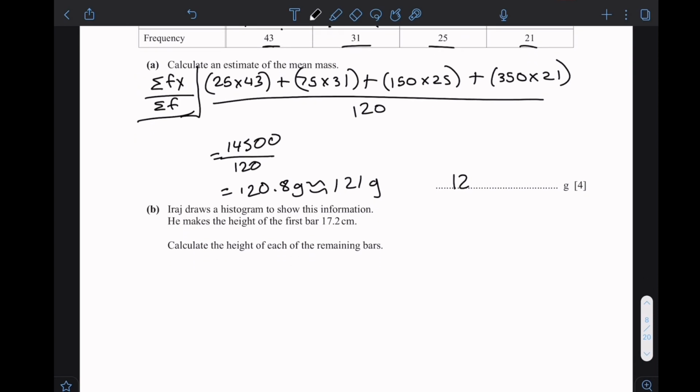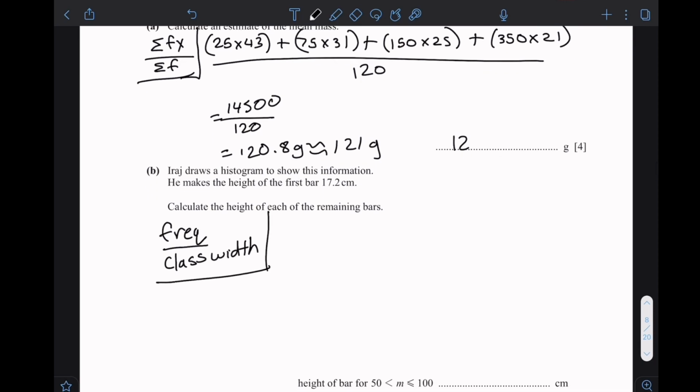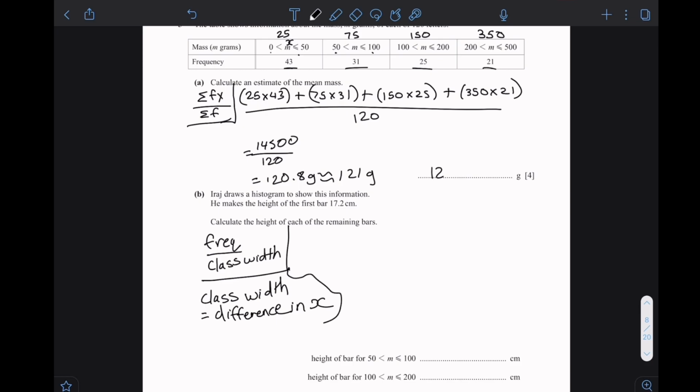So to do frequency divided by class width, okay? And class width is the difference in x, okay?